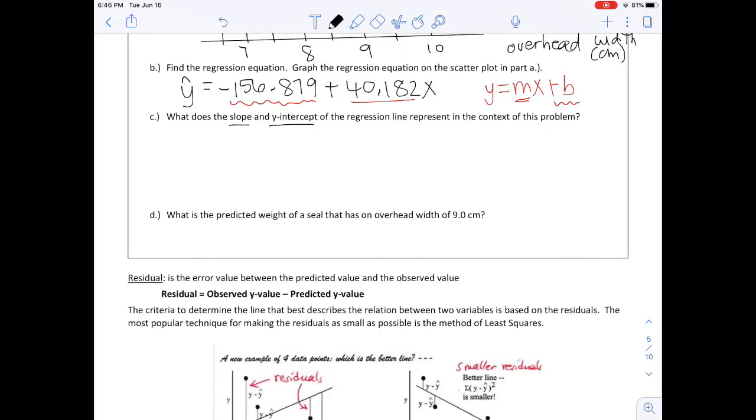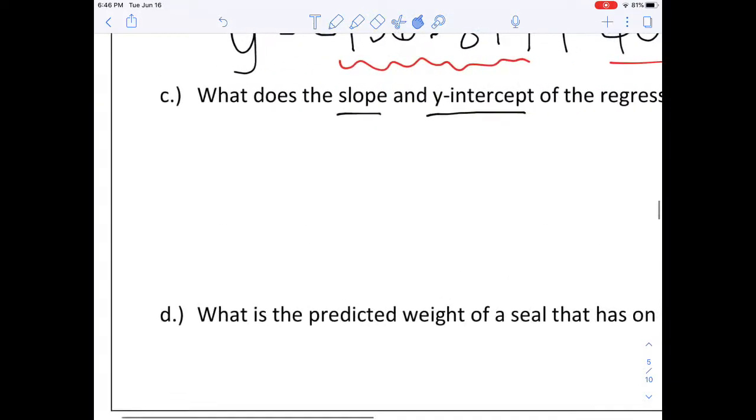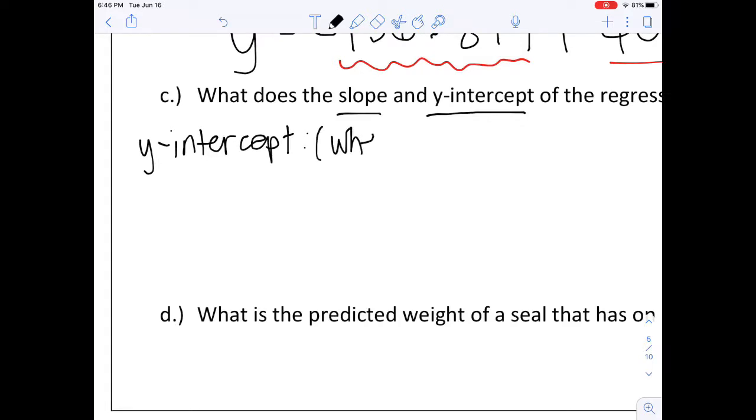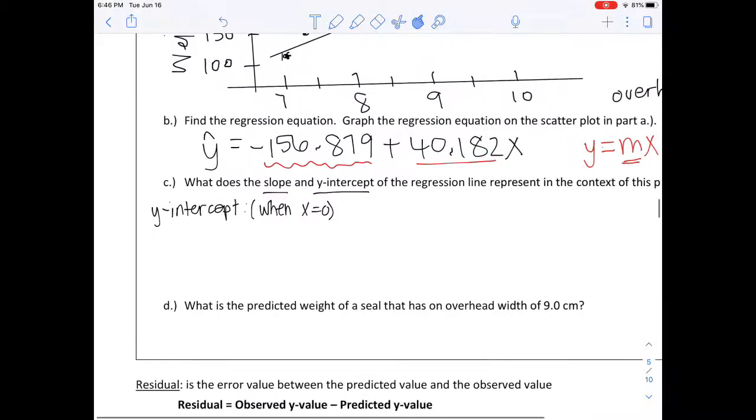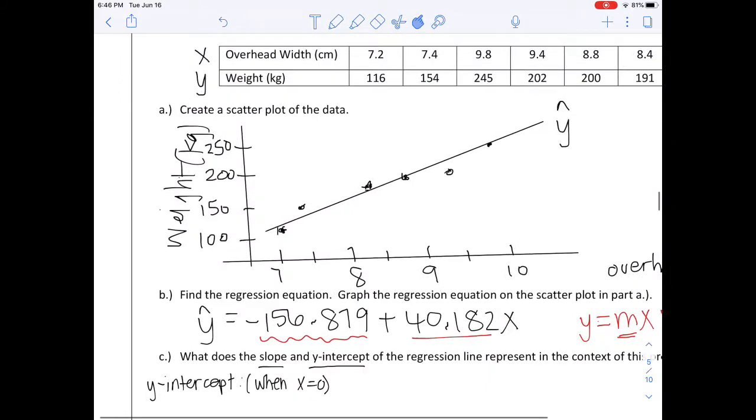So the easiest one to talk about is the y-intercept. From algebra, we know that a y-intercept is when x is equal to 0. So in this problem, if you look back up at your table, your x value is your overhead width.